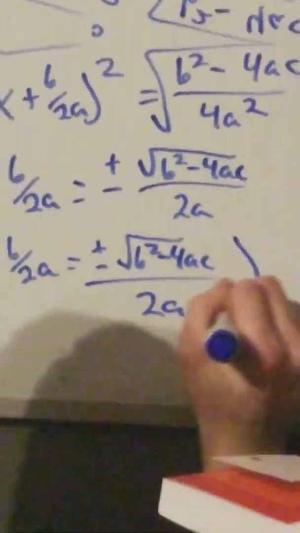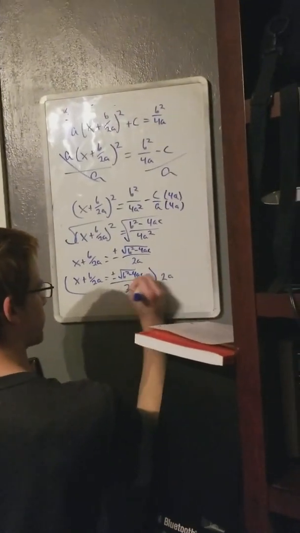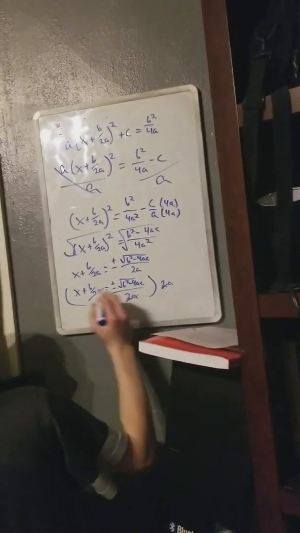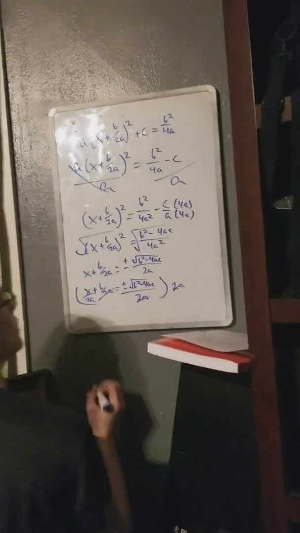Multiply the entire thing by 2a. Means we'll mark that out, mark that out, mark that out. But this is here too. We divide that by 2a. Means we're left with 2ax plus b equals plus or minus the square root of b squared minus 4ac over 2a.